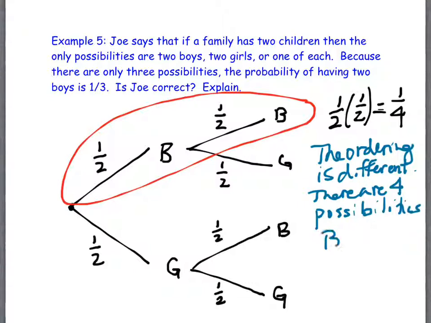We could have 2 boys, we could have a boy and then a girl, or we could have a girl and then a boy, or the last option is having 2 girls. So it is different when you have a boy and then a girl than if you have a girl and a boy. You still have 1 of each, right? But it is a different ordering.